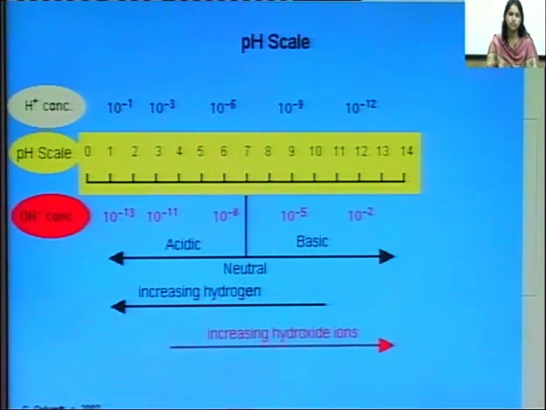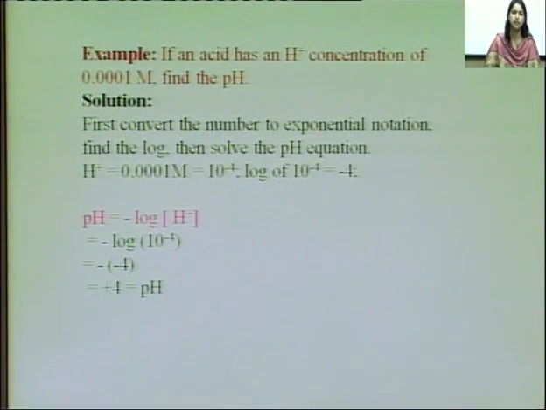On the left hand side there is increasing hydrogen ion concentration, and on the right hand side there is increasing hydroxide ion concentration. The pH of a neutral solution is 7, it is less than 7 for an acidic solution, and greater than 7 for a basic solution. So, I have clearly distinguished the acidic, basic and neutral solutions on the basis of pH.